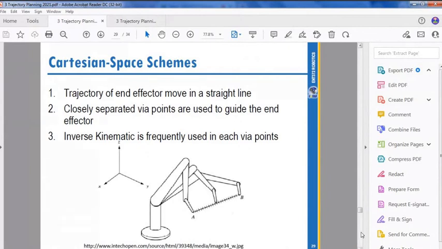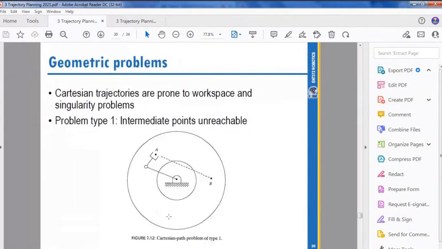Yang ni macam dengan awak punya lab lah. So lab 3 awak tu macam ni lah. So your lab 3, you have 2 joint, 2 link. So when you put the program that I give to you, your link length will be different because you will use your own metric number.